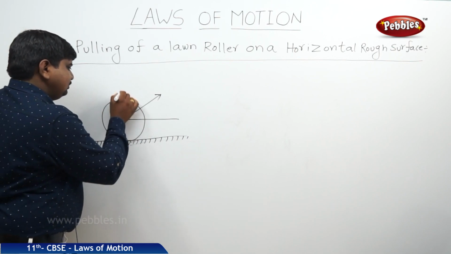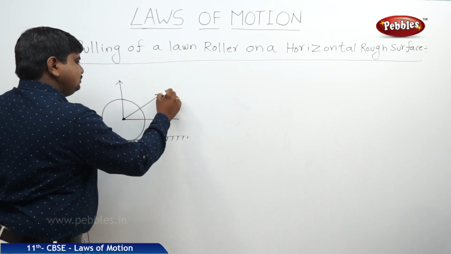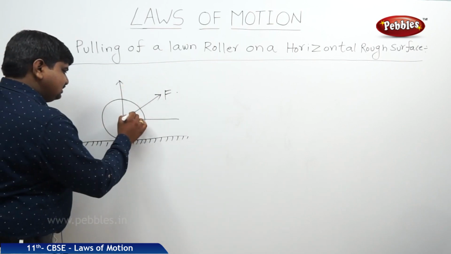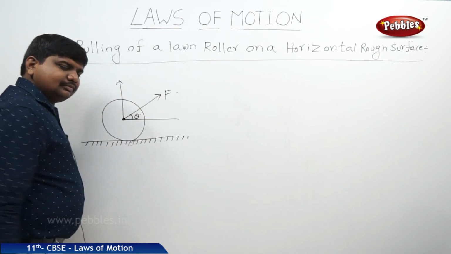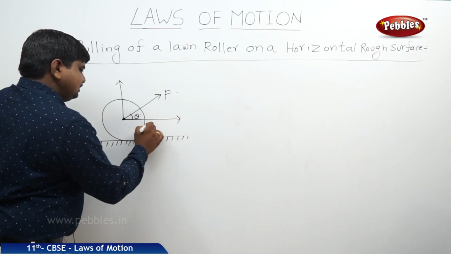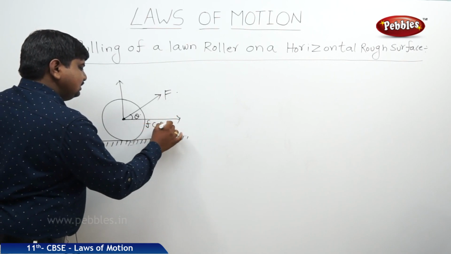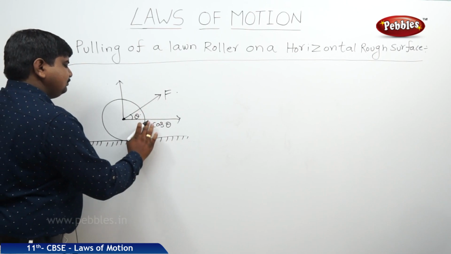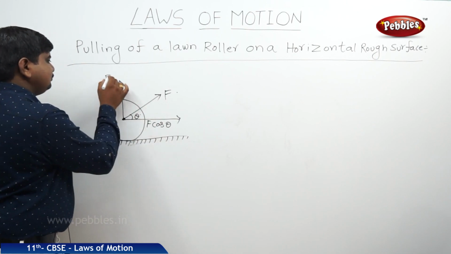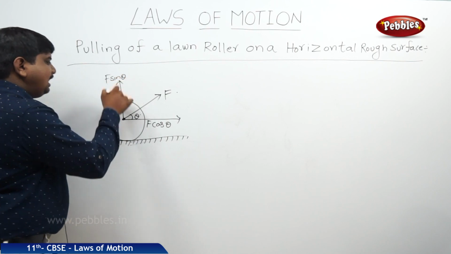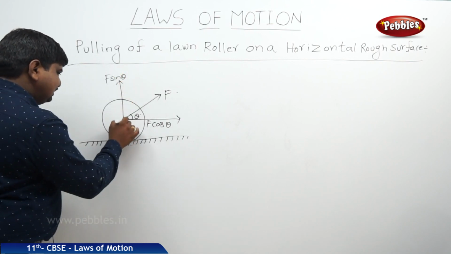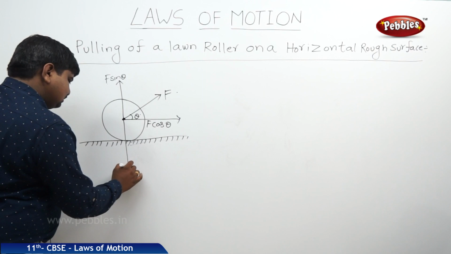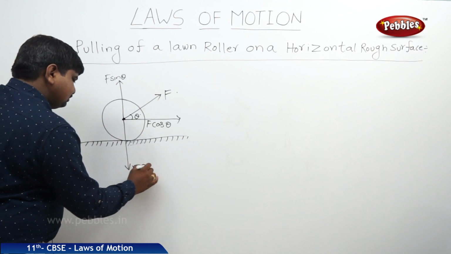Therefore, this is the force, this adjacent angle is theta. So this component is F cos theta, and this component is F sin theta. Exactly down from the F sin theta is mg.